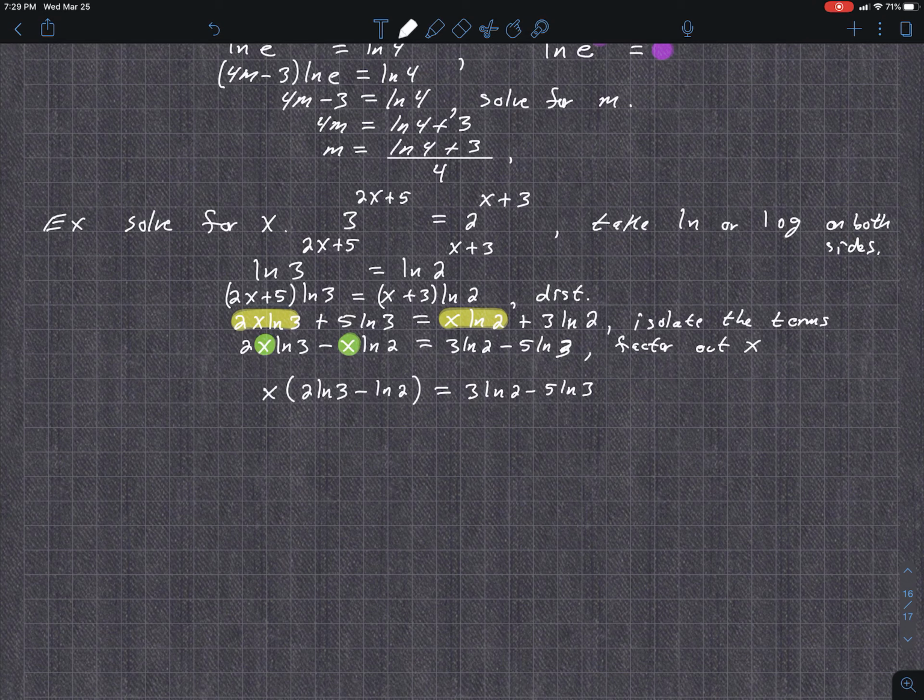And now divide out by what you consider to be your coefficient. Now divide out by this. All right? So you get x is equal to 3 ln 2 minus 5 ln 3 all over 2 ln 3 minus ln 2.